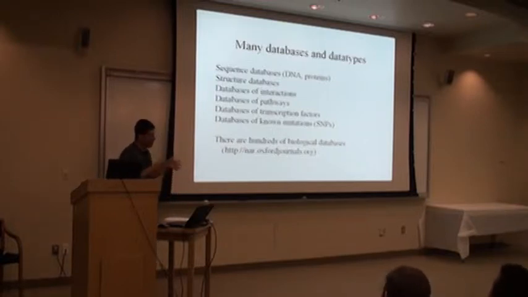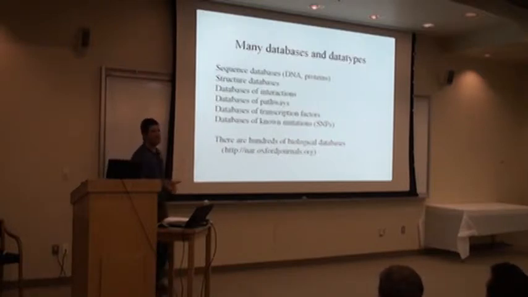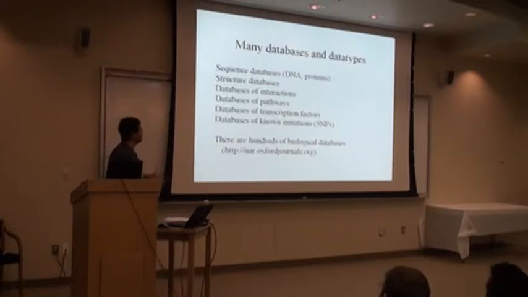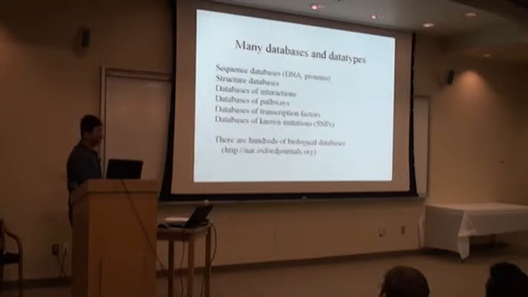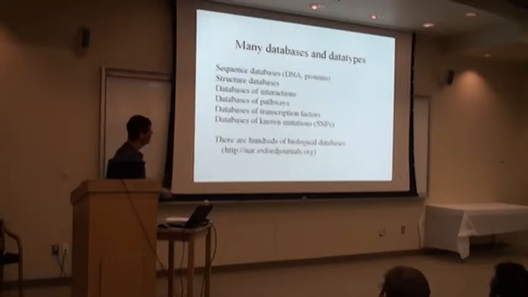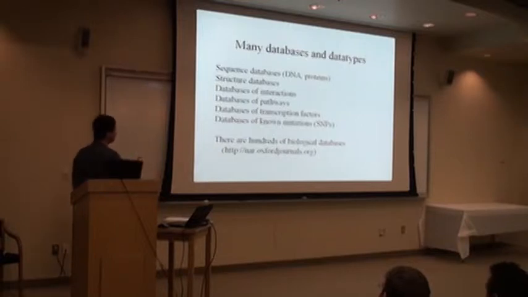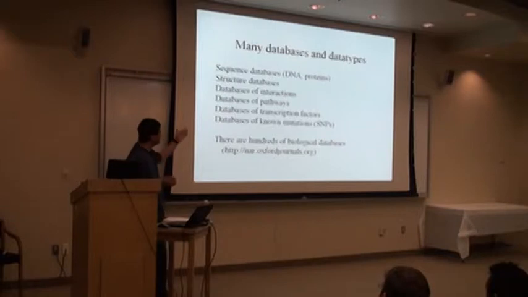In order to characterize all those different entities that make up cells, we're talking about decades of intensive research into all those different entities, and the result of all this research is stored in many different databases, containing information about different data types. So we have databases that store information about sequences, like DNA sequences and protein sequences.